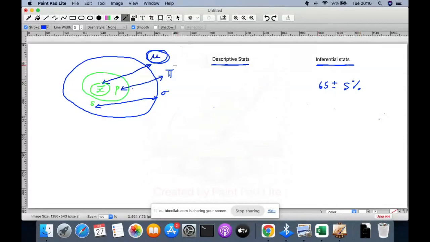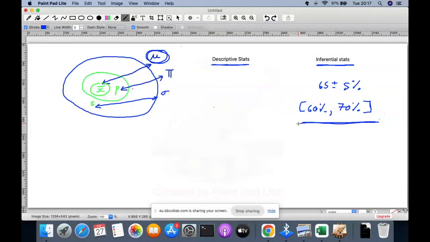So it's between 60% and at most 70%. I've basically given it a bound. I'm inferring what the true value is based on the sample.